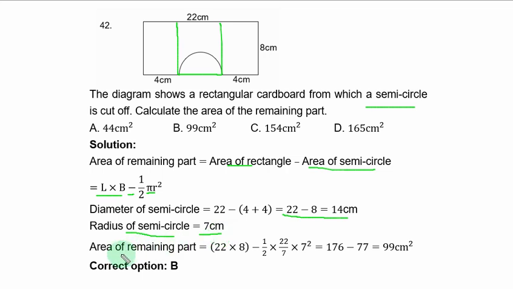Therefore, area of remaining part is equal to area of rectangle. The length is 22 times breadth 8 minus area of semicircle, 1 over 2 times pi, 22/7, times radius, that is 7 squared. That simplifies to 99 square centimeters. B is the correct option.